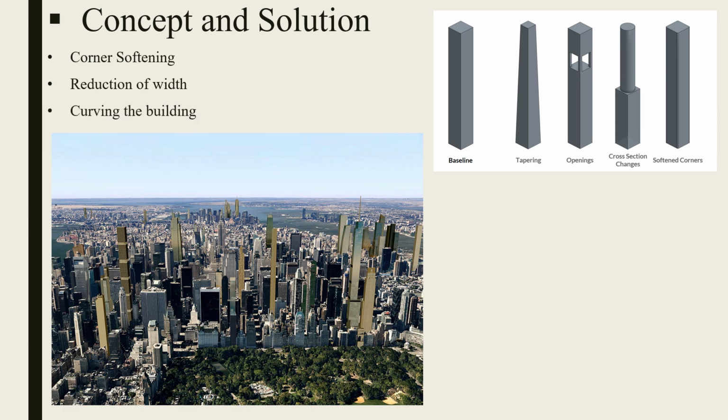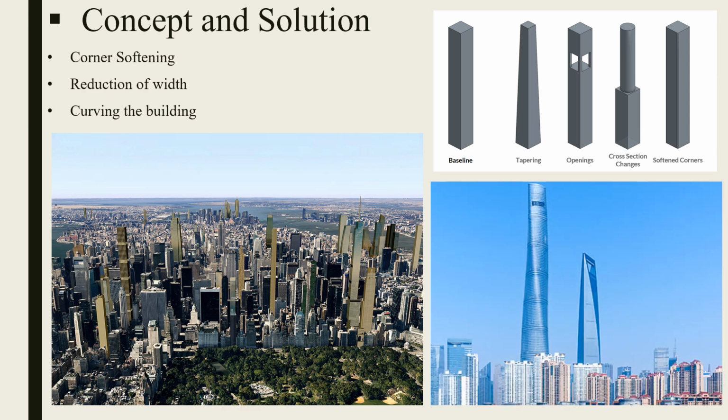And finally, they can use the approach called curving the building. This is kind of similar to corner softening, but they curve the building totally, and they make it curve to the wind, like the Shanghai Tower.